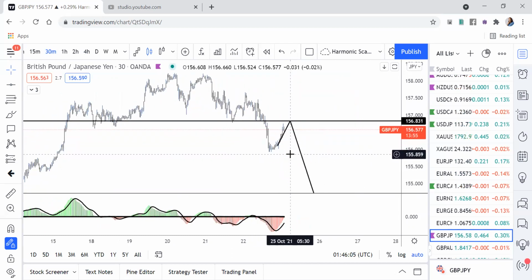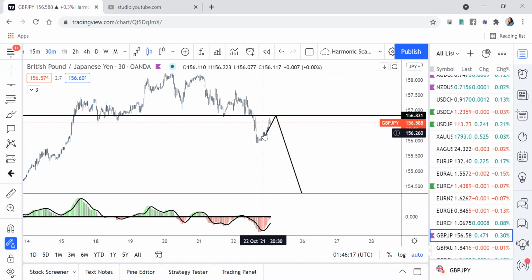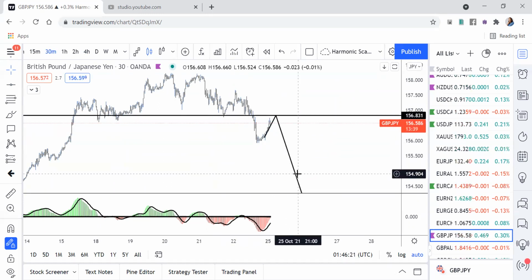What I'm looking at on GJ looks better than EJ is that I'm looking for this to retest. I'm going to watch here, because we had a nice strong solid break. So I'm looking at a retest here and then a continuation to the downside. Right, so I'm going to watch that.